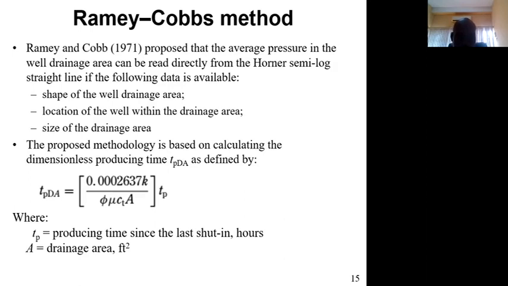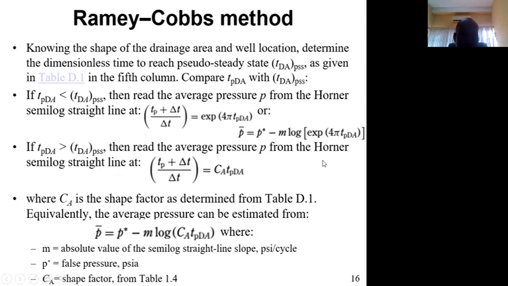So as it was for the MDH method, the dimensionless producing time will need to be calculated. Now, knowing the shape of the drainage area and well location, the dimensionless time to reach the steady state is given in table D1, in the fifth column of table D1.